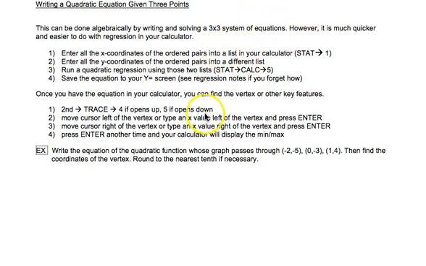For us, because we solved the 3 by 3 systems in our calculator anyway, it doesn't really make sense to write those 3 by 3 equations, because if we're going to have to use our calculator anyway, it's a lot quicker to use the regression that we just learned a couple videos ago to find that equation.